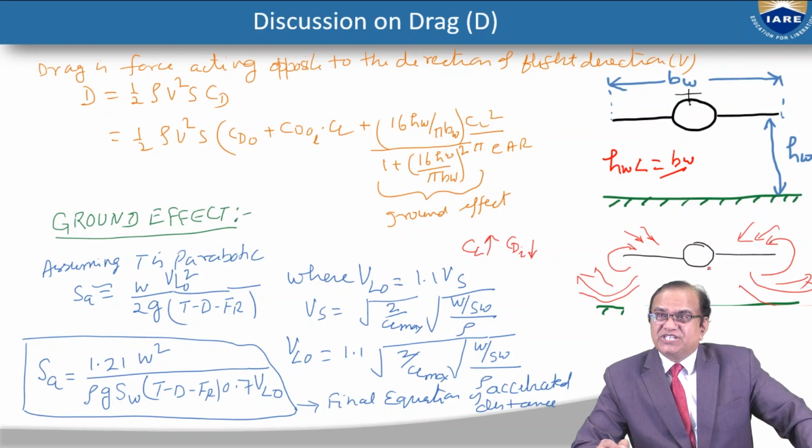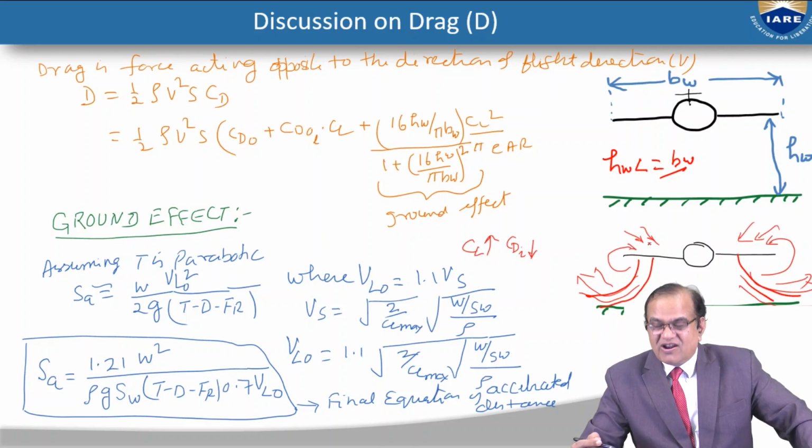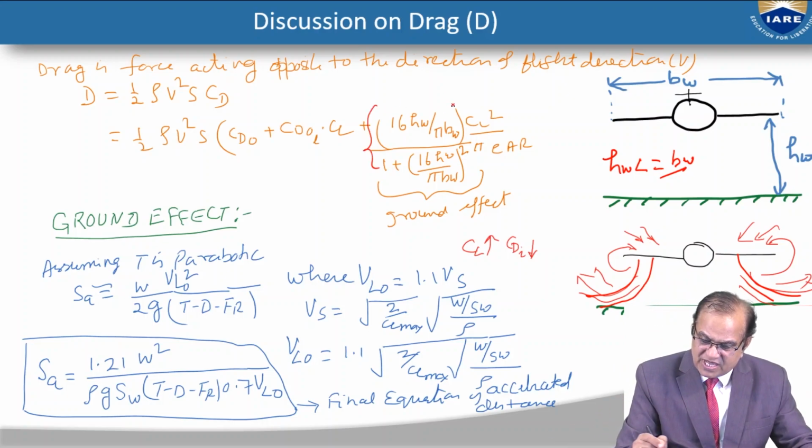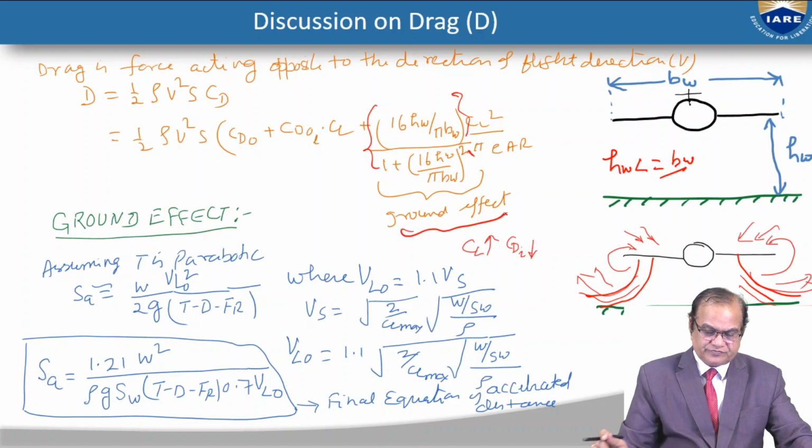We have the wingtip vortices. These wingtip vortices are creating drag and reducing lift. But if the aircraft is near the ground, these wingtip vortices will be dissipating like this. They will not circulate, and the aircraft will get the benefit. So this term is the ground effect term, which is written here.